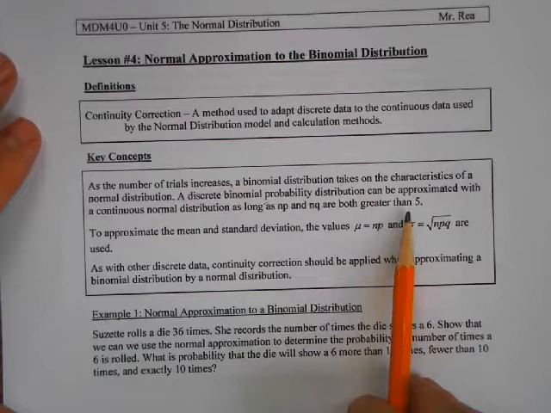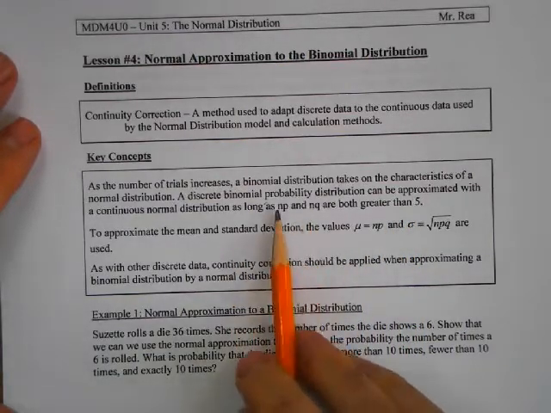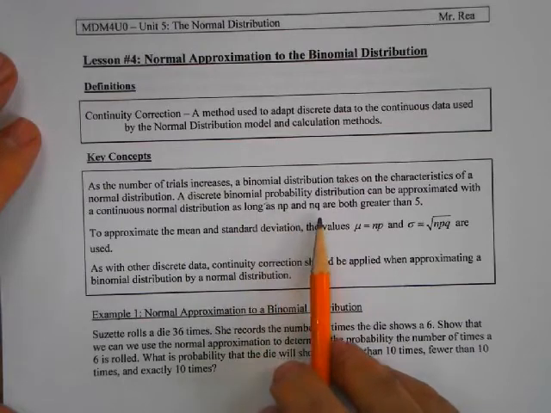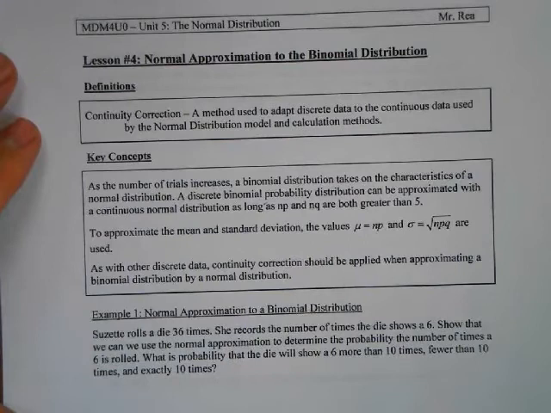So before we actually use this, we always have to test the value of n times p and n times q, and both of those have to be more than 5. If they're not, the data would be too unreliable for us to approximate with the normal distribution.